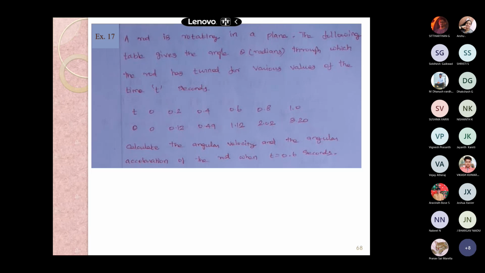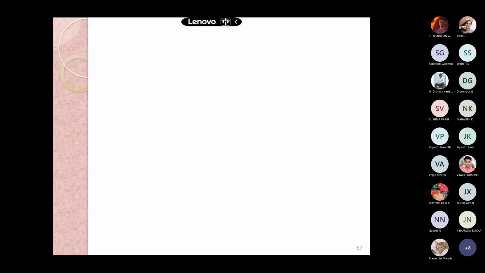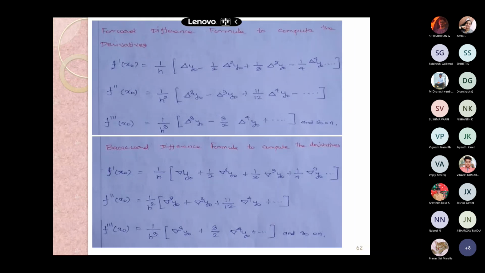Here only theta is given, but we need to find the angular velocity and angular acceleration. This is where the first and second difference formulas come in, and I wanted to refresh them: the first and second difference formulas for forward interpolation and backward interpolation.